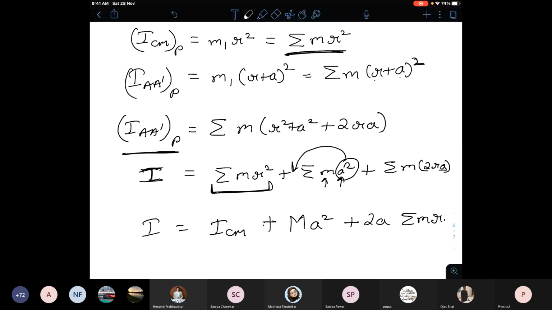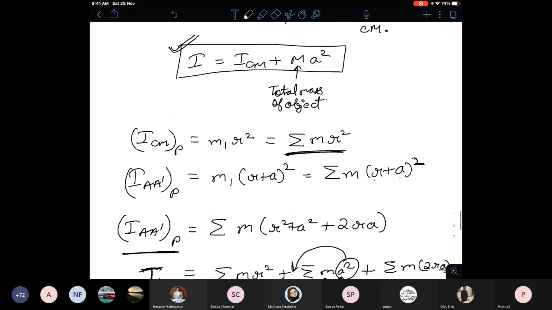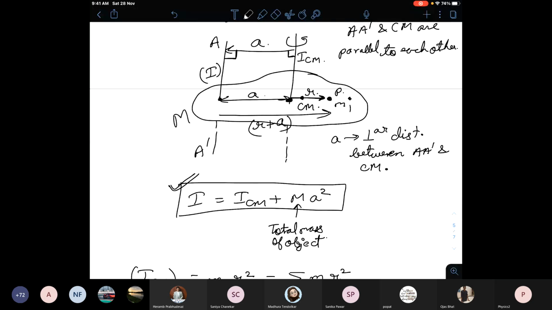Now see, this is the center of mass. Whenever we calculate the moment of inertia, the center of mass is always kept at origin. So xcm is 0, or let's just write rcm equal to 0.